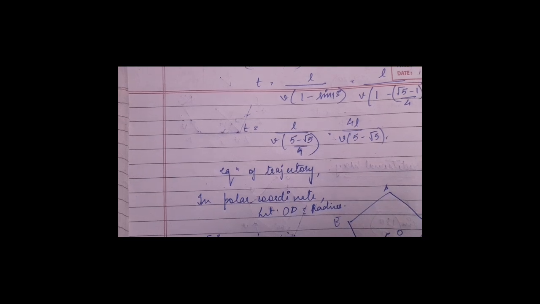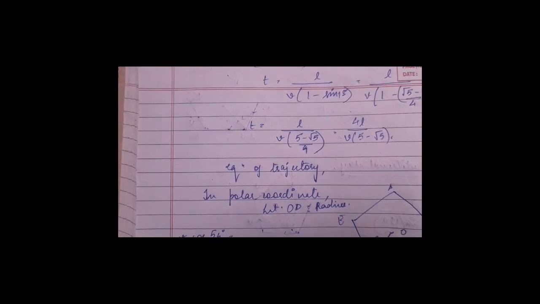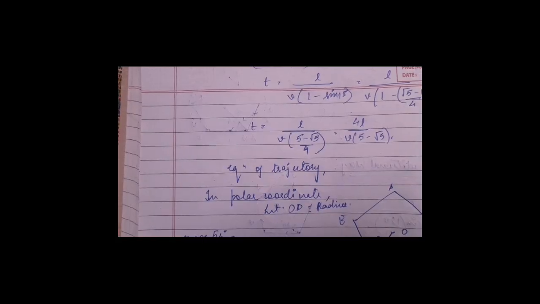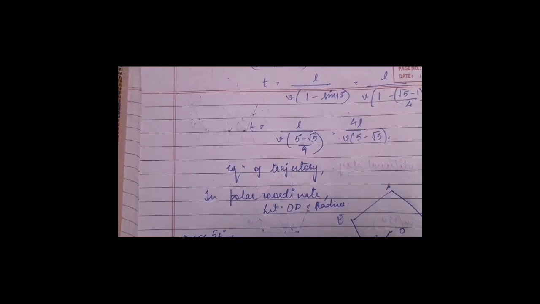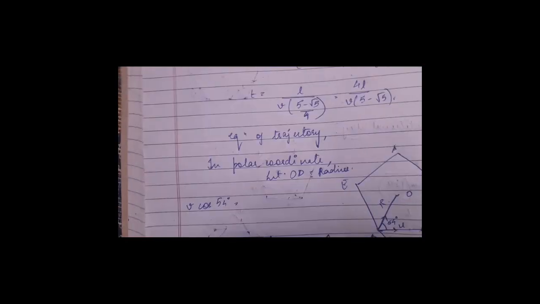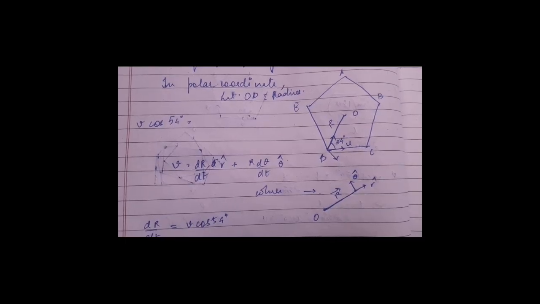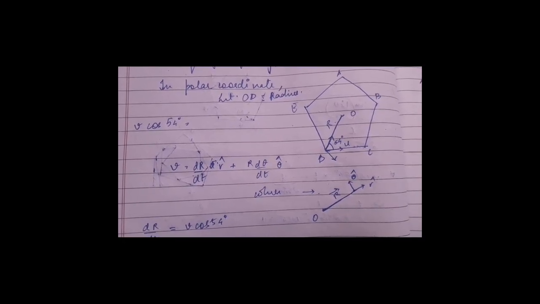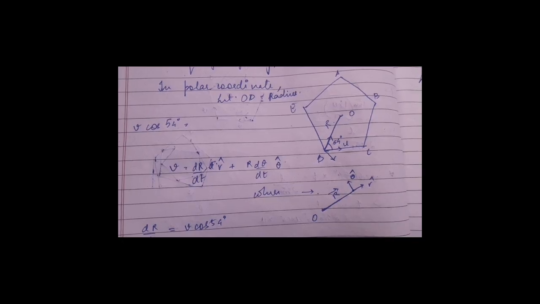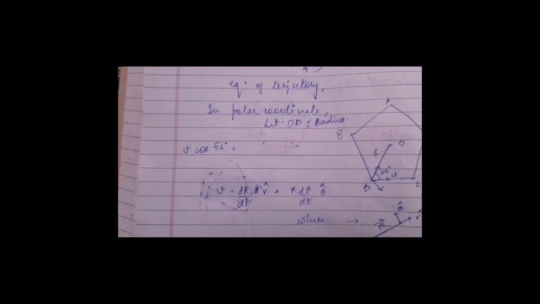And now comes the most amazing part of the question, that is the equation of trajectory. If we try to find the equation of trajectory with the help of a polar coordinate system, it would be much easier. In a polar coordinate system, we take a unit vector, r cap, along the radius, and a unit vector, theta cap, perpendicular to the radius.